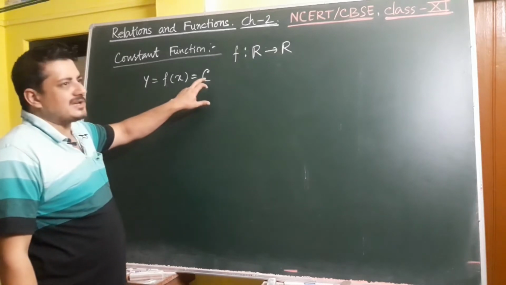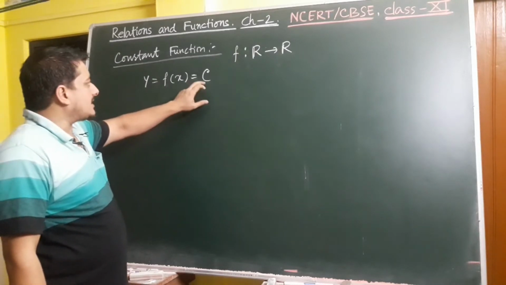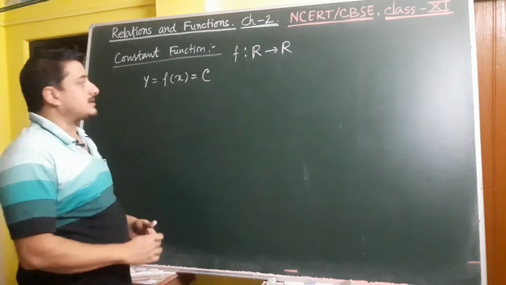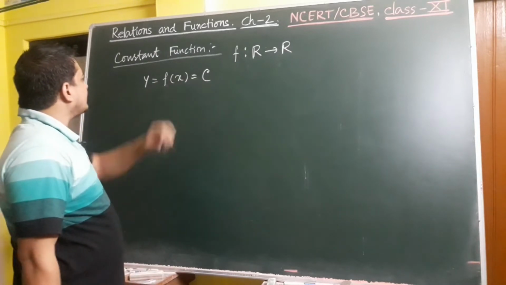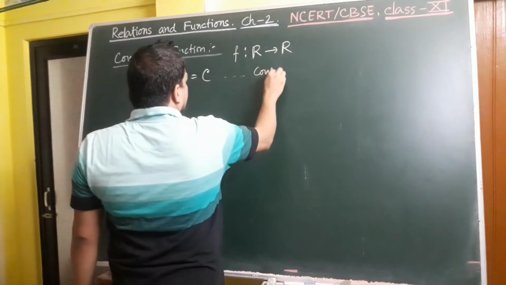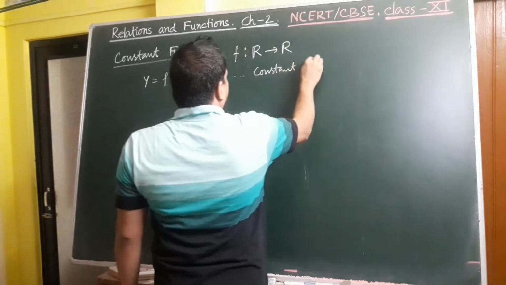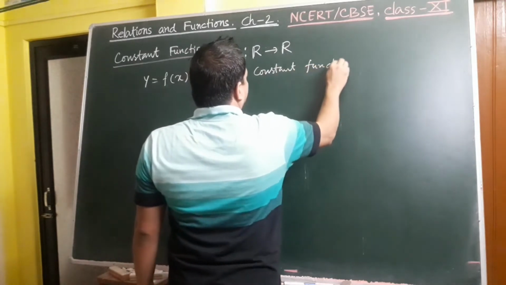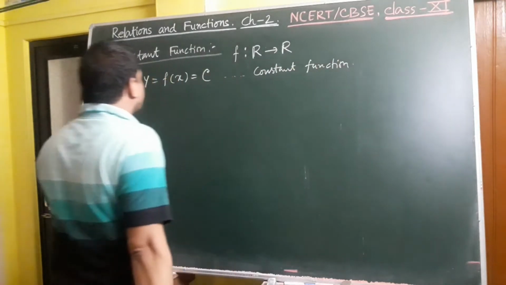Its value can be any real number, so I consider that as a constant number. A function written in this form is called a constant function.